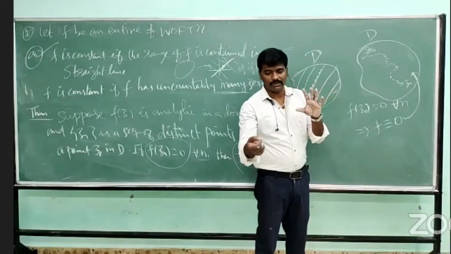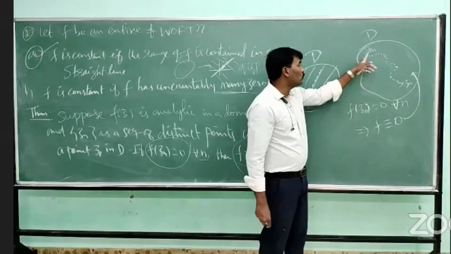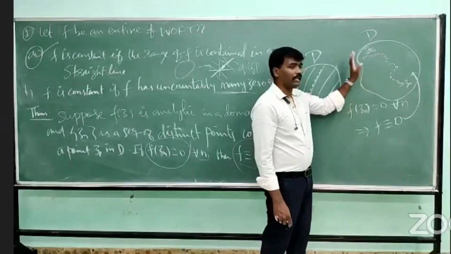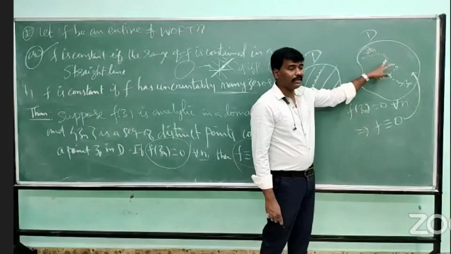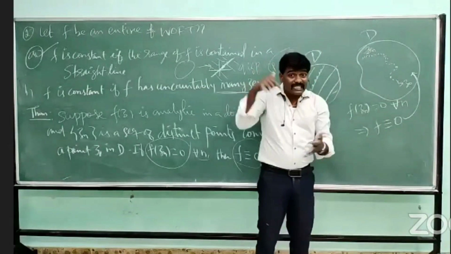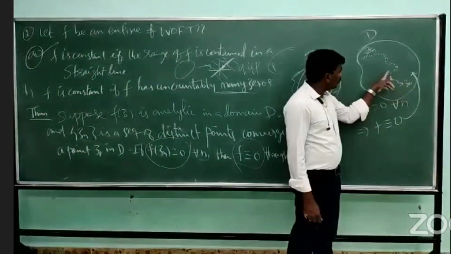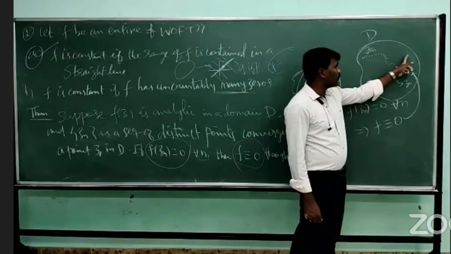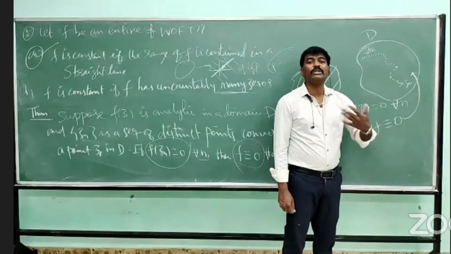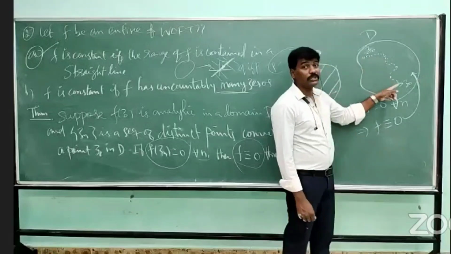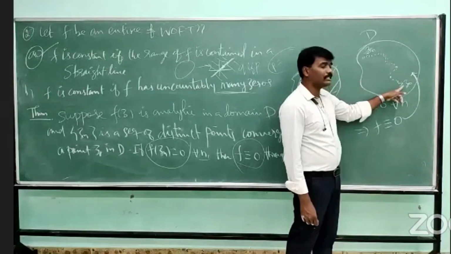If you take an element from the sequence and apply f, f vanishes. Suppose these roots form a sequence converging in D itself, not outside D. It could converge here, or here, within D itself. All these elements are called zeros of f.